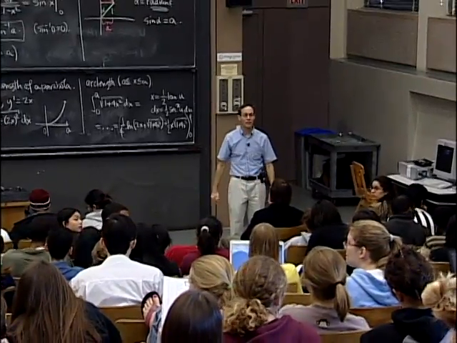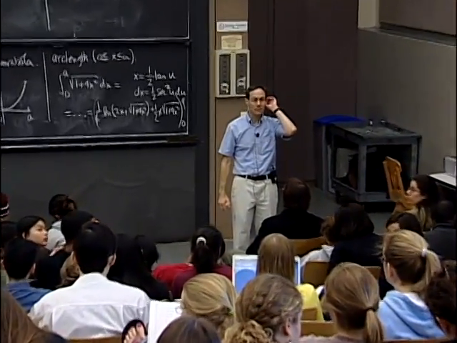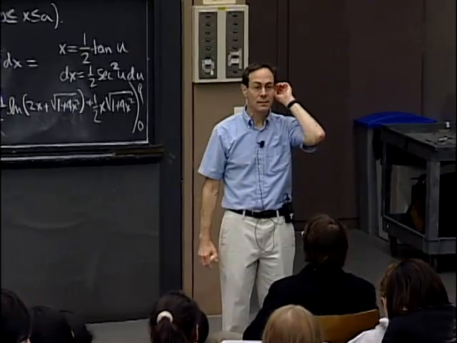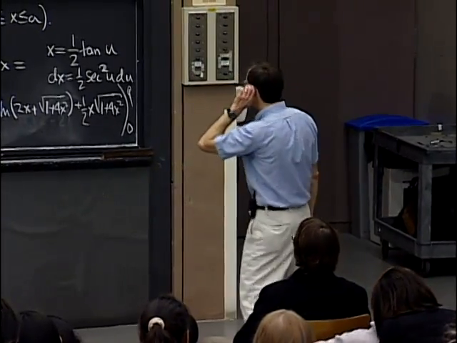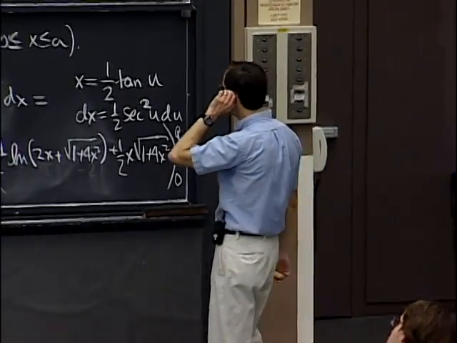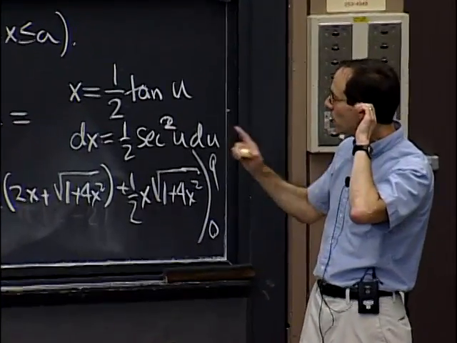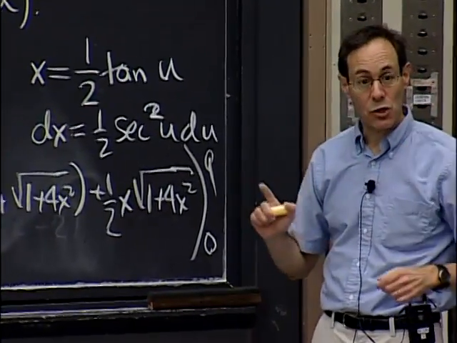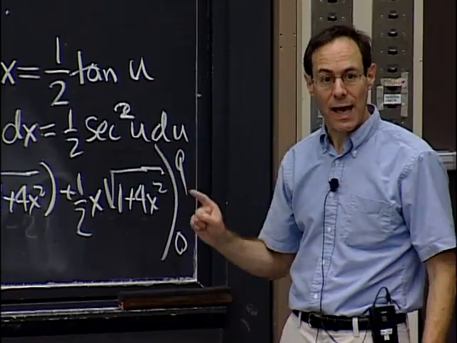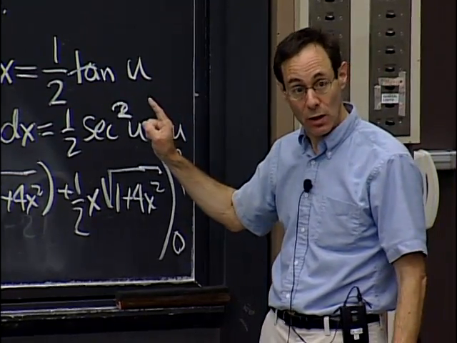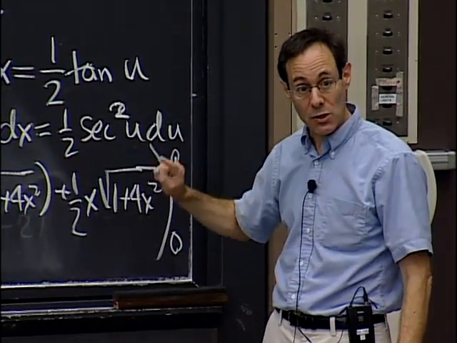When you use the substitution, do the limits from 0 to a change? The question is, when you do the substitution, doesn't the limit from 0 to a change? And the answer is absolutely yes. The limits in terms of u are not the same as the limits in terms of a.